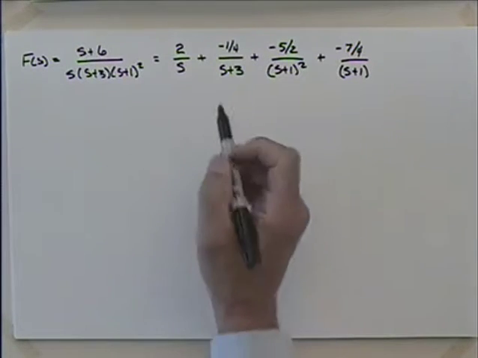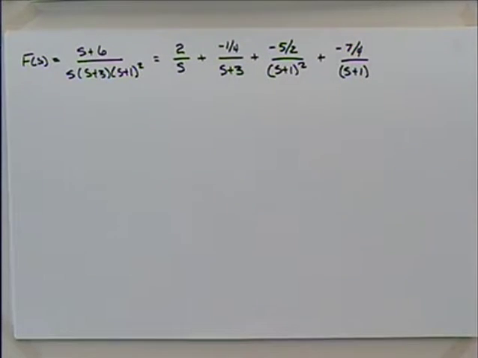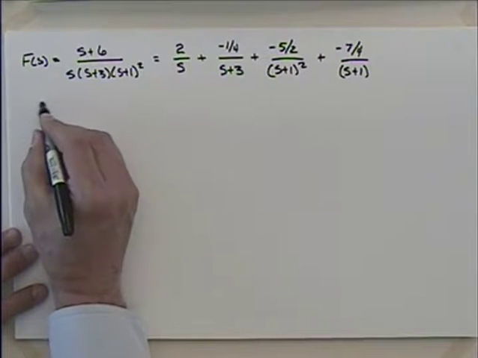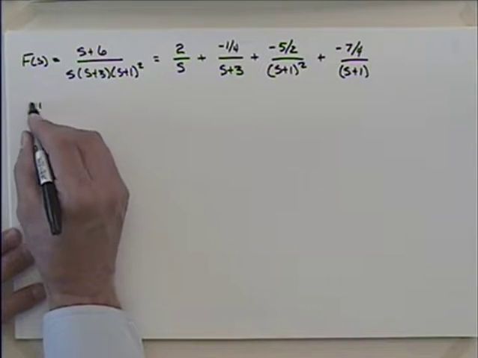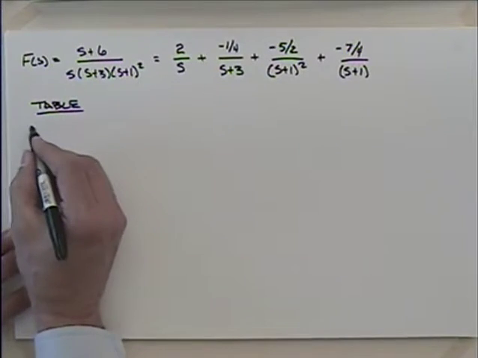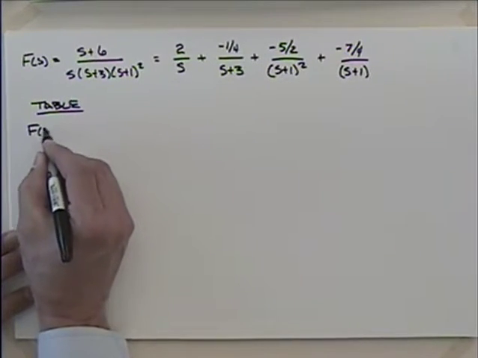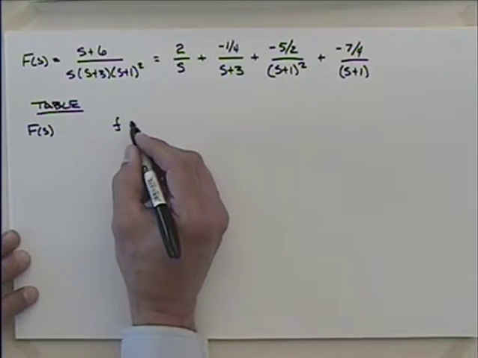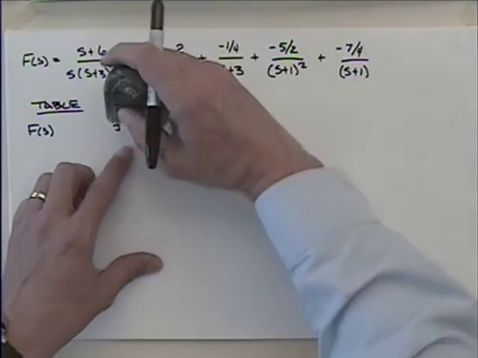So now, making the transition into the time domain. We need to talk about some values for the inverse Laplace transform. Maybe we'll just come up here with a table. I'll write down the function in the S domain and what it looks like in the T domain.